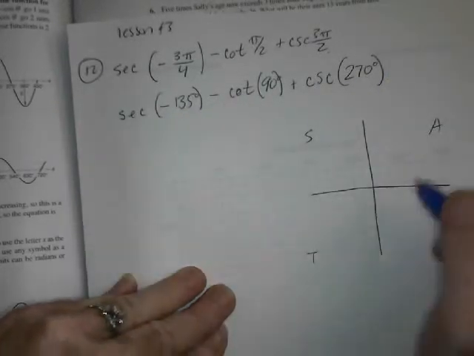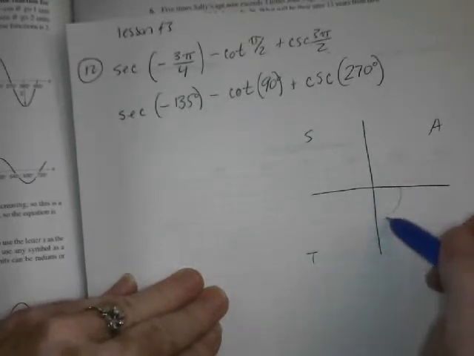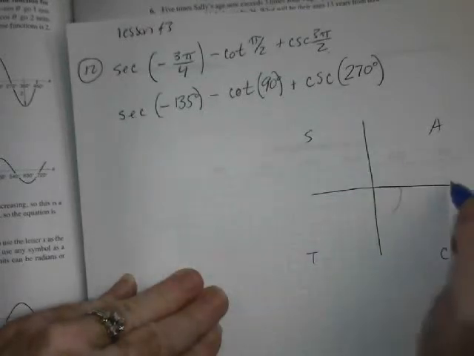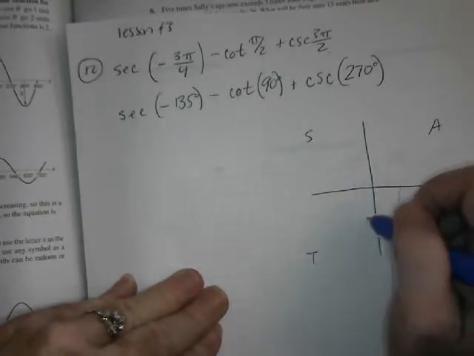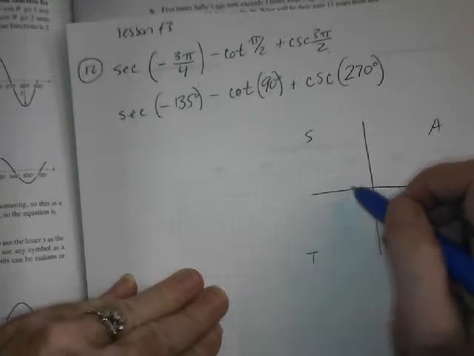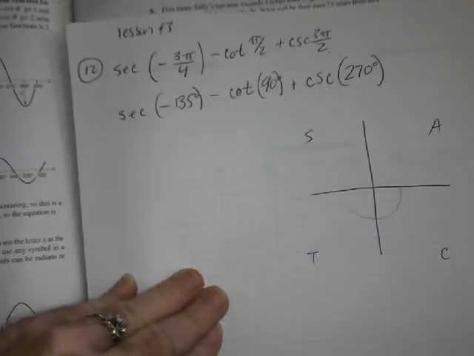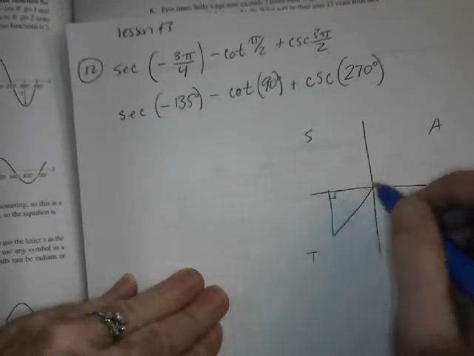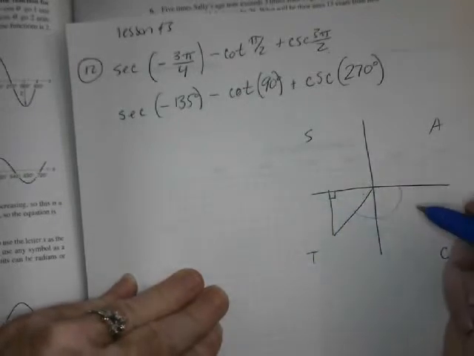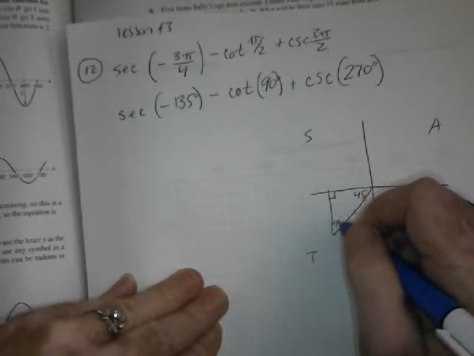But for right now, I just want to find the angle, so I'm going clockwise from the positive x-axis to 135 degrees. That's 90, that would be 180, so isn't it in here somewhere? Is that okay? And so there's my triangle. Does anybody know the reference angle right here? 45. Yep, so there's 45, and that's 45.